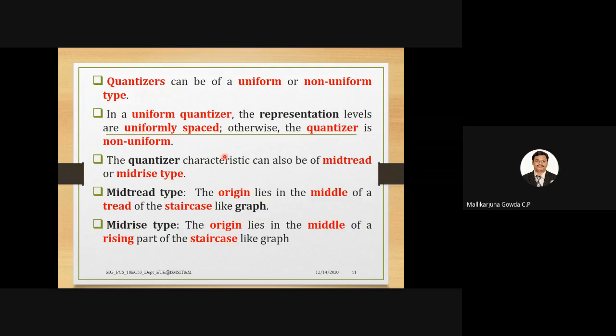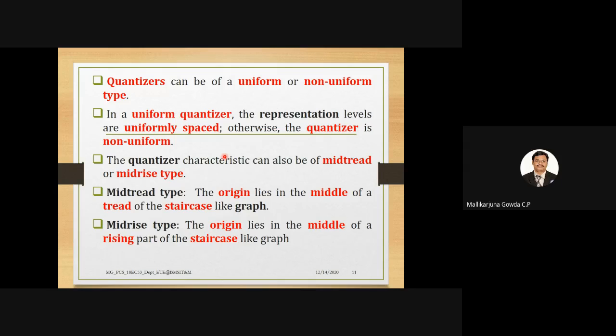So what is a uniform quantizer? In case of a uniform quantizer, the representation levels are uniformly spaced. The representation levels means Vk. If the values of Vk are uniformly spaced, then we call it a uniform quantizer.